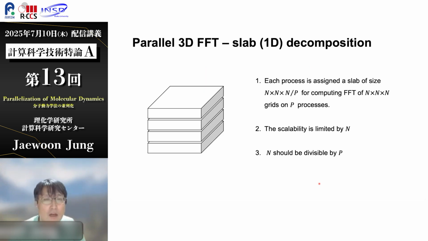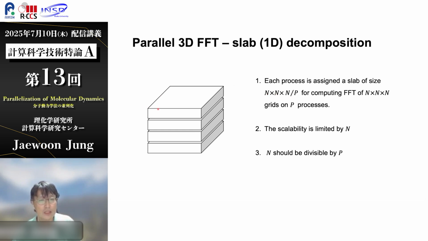There are several parallelizations of three-dimensional FFT. The first well-known one is slab decomposition, because the whole space is decomposed into slab-like pieces. In this case, each process is assigned a slab of size n times n over p.